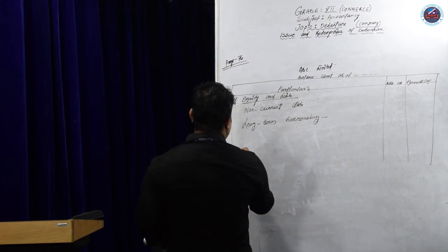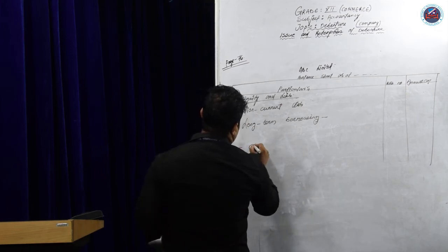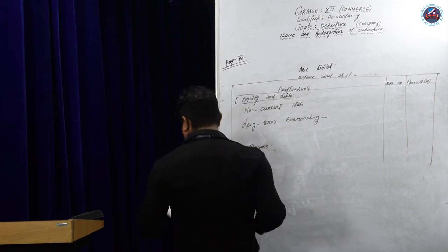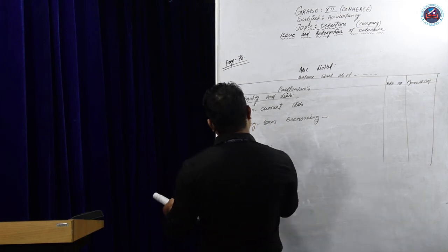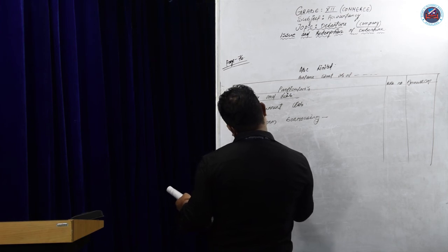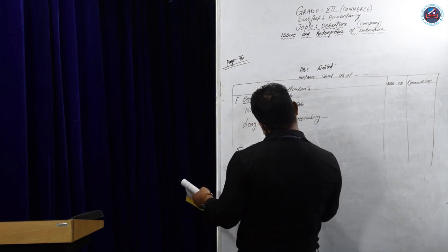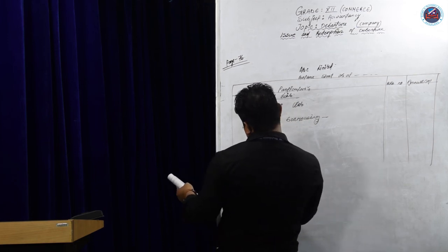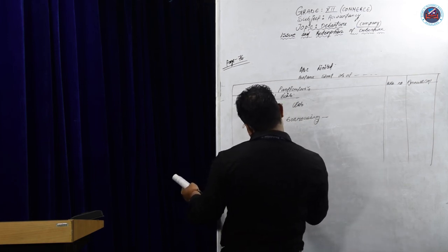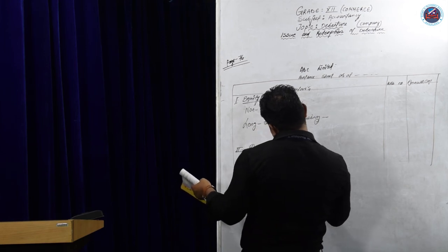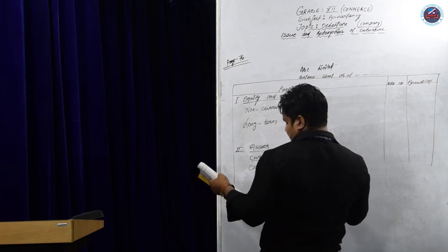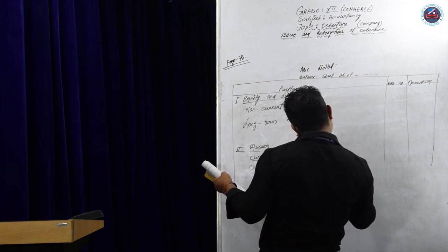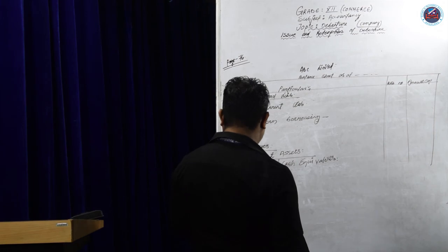Number two, I will write assets here. Assets come as current assets, because with debenture cash will increase. We write here cash and cash equivalent.